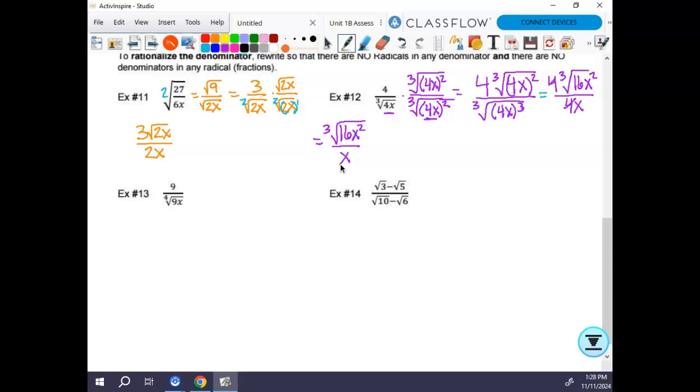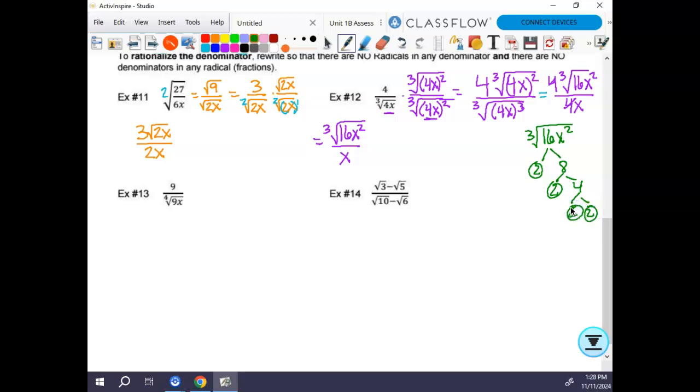And just like what we would have to do on anything else, we need to see if we can simplify that root. I'm going to come over here and do the cube root of 16x squared. Well, I know I can't do anything with the x squared, but I put it there so I wouldn't forget that it exists. But then I'm going to look at 16, that's 2 times 8 and then 8 is 2 times 4, and then 4 is 2 times 2.